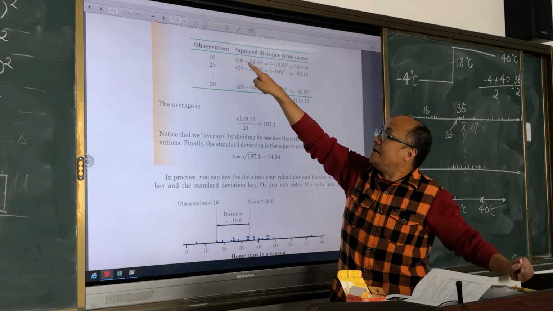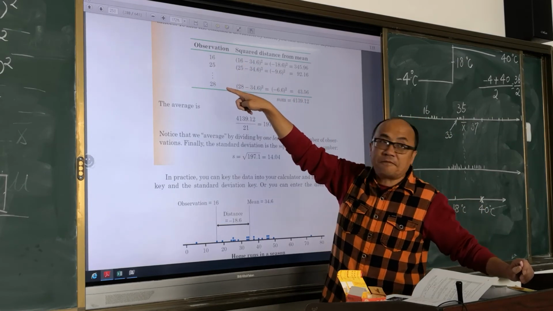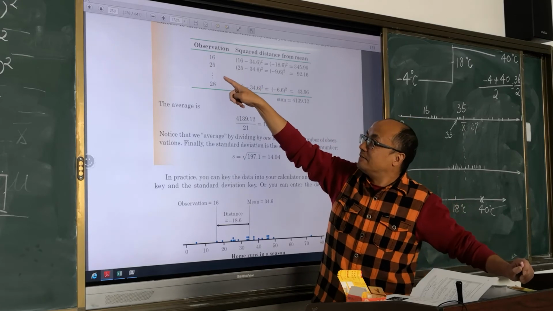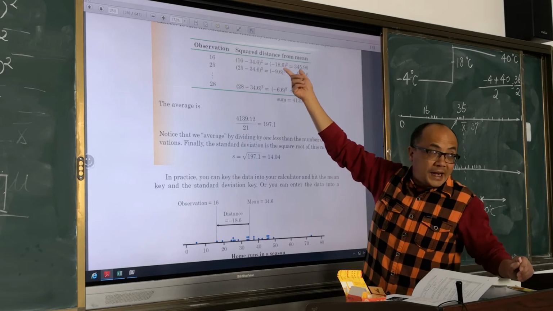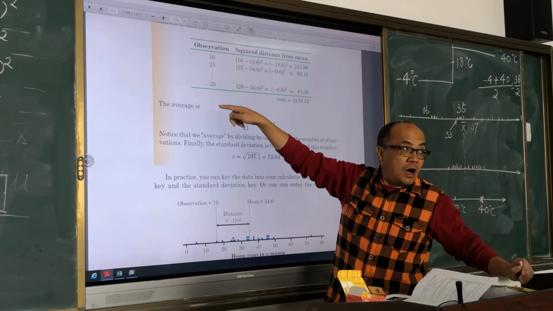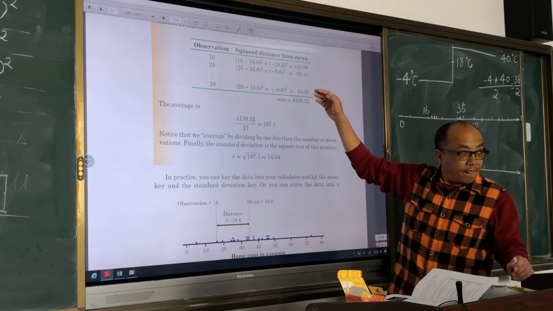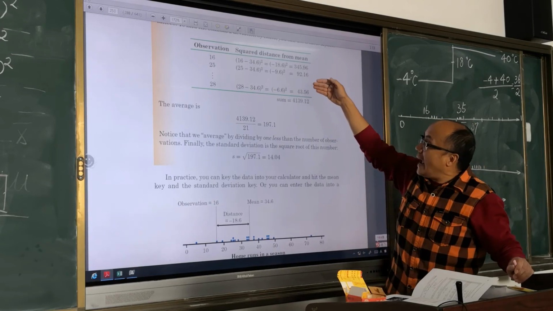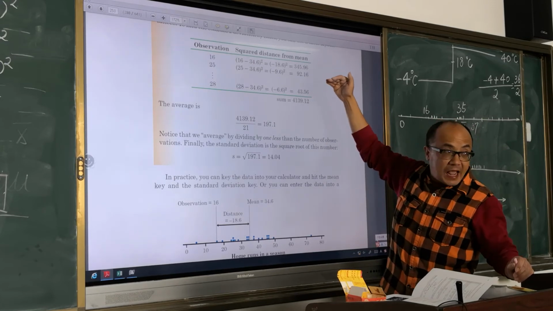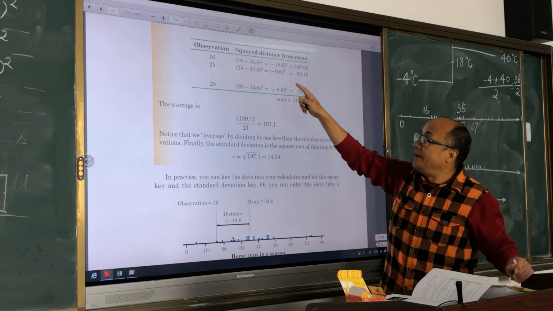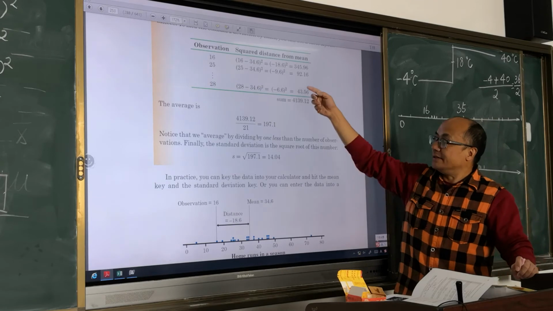So it is 16 minus 80. I hope this is fake, okay? They don't live so short. 16 minus 80 squared, 100 minus 80 squared. Are you following me? Yes. Then you add these squares. Everything is positive because it's a square.